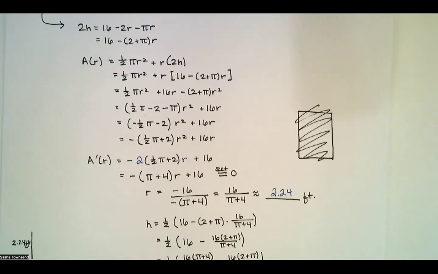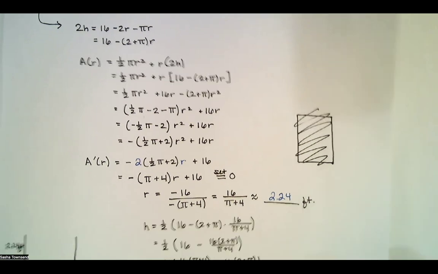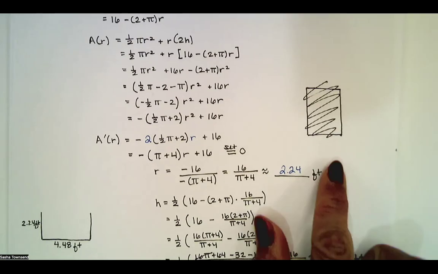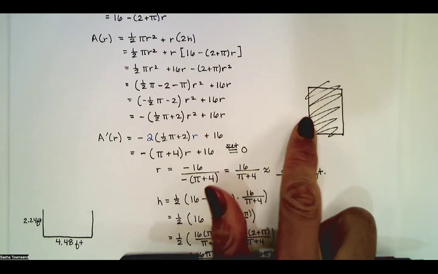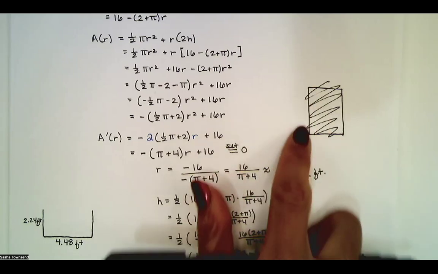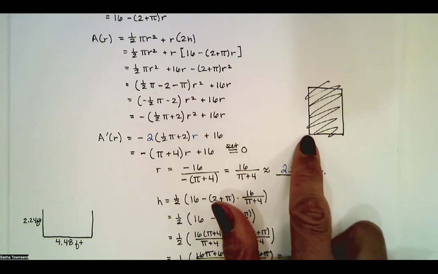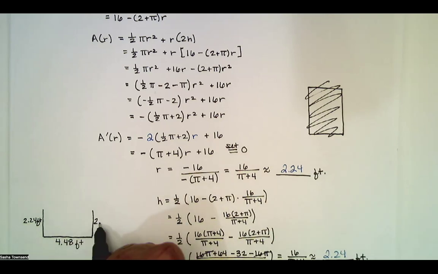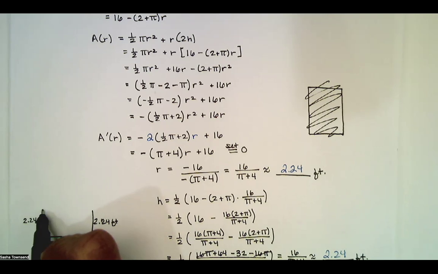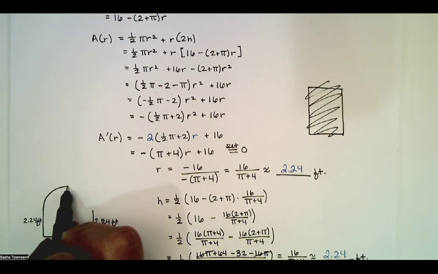And the width is actually 2 times 2.24. This is going to be 4.48 feet. That's for that bottom part of our window. I was thinking the height was longer than the width, but it's actually the other way around. And then up here is a semicircle.